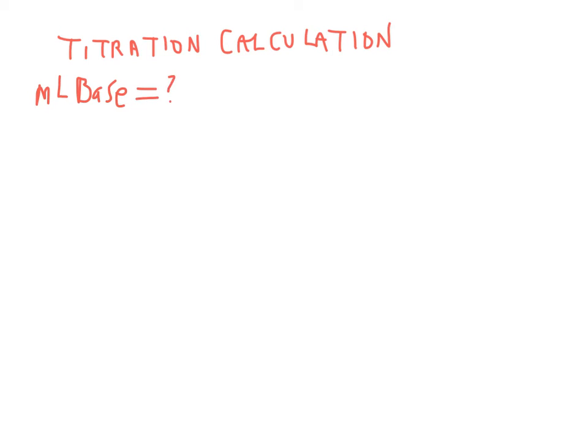So the volume of the base, Vb, that's used to neutralize 15.0 mLs of, this is the volume of the acid, and the concentration of the acid is 0.400 molar, so the molarity of the acid.